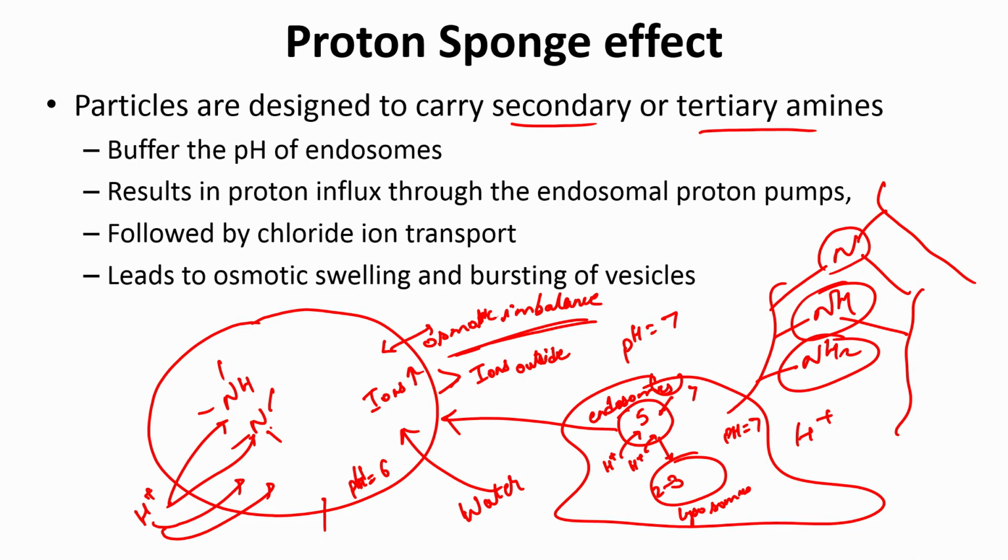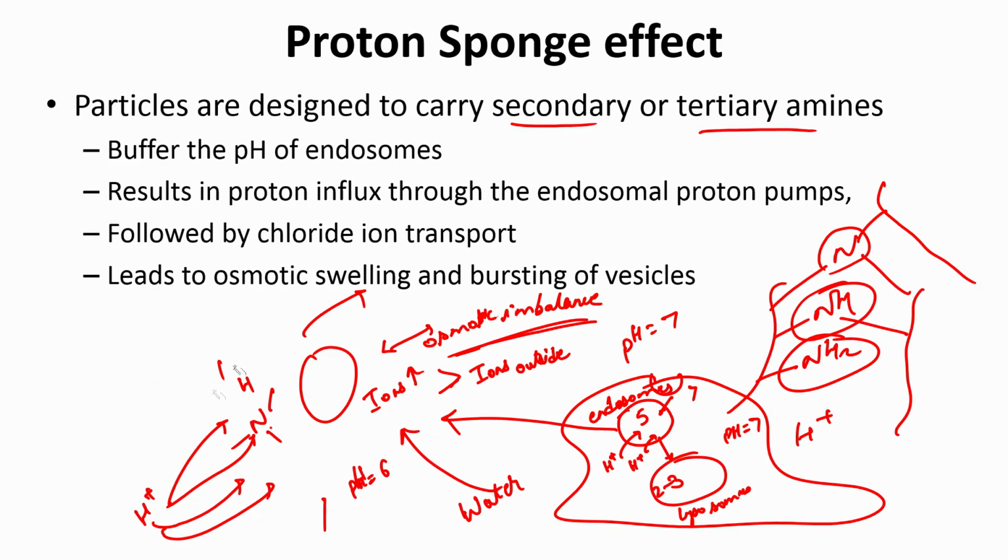Once they burst, whatever particles are residing here come out and are now in the cytoplasm, and do not have to go through this harsh environment of pH 2 to 3, and that is essentially the proton sponge effect. So, I hope this is clear.